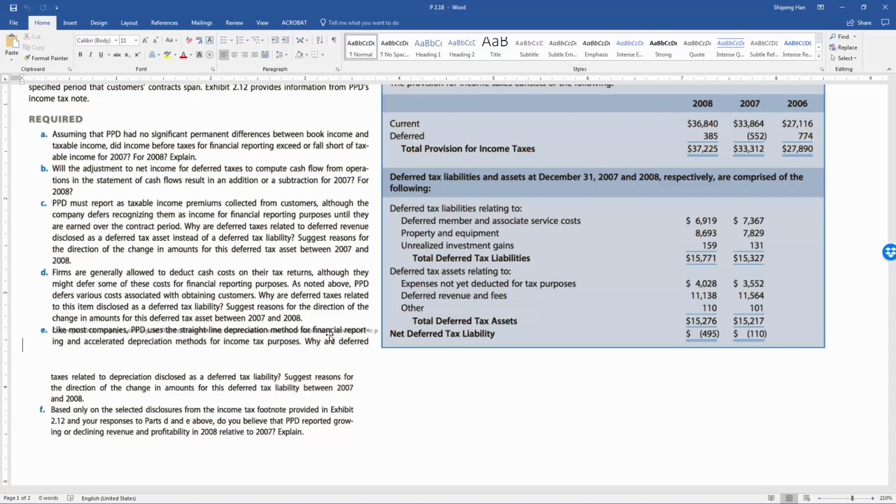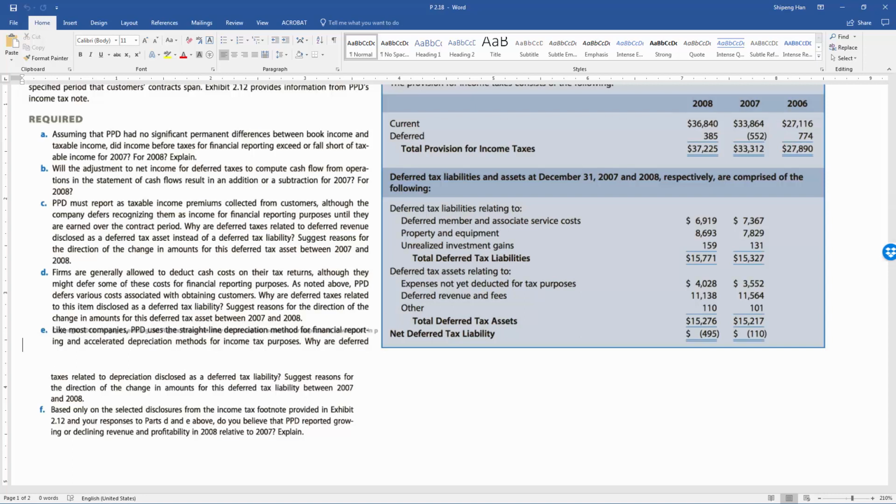For example, most companies use straight-line depreciation for financial purposes, but accelerated depreciation methods for tax reporting. And this will cause the company to incur higher depreciation deduction than the depreciation expense in the financial reporting.